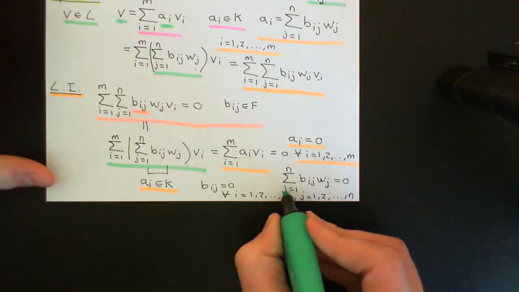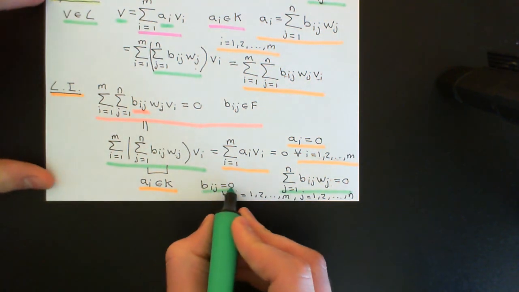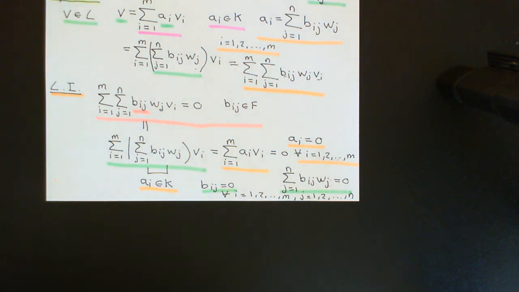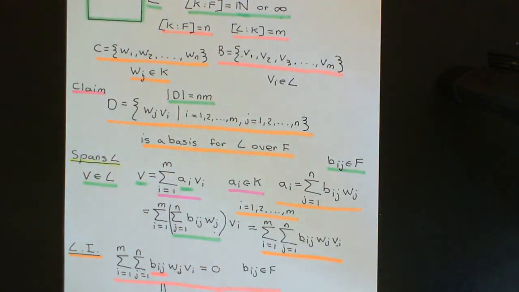By breaking it up this way, we can conclude that all of these coefficients have to be equal to 0, because of the fact that those basis vectors that we used to construct the basis vectors in this set D are linearly independent.